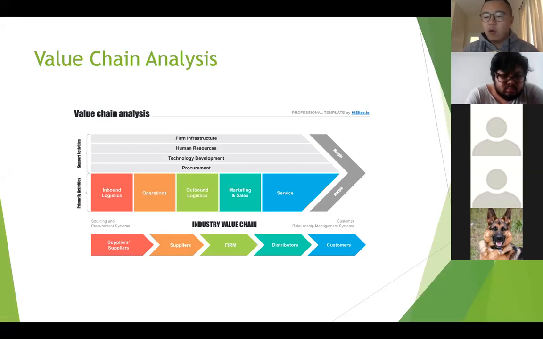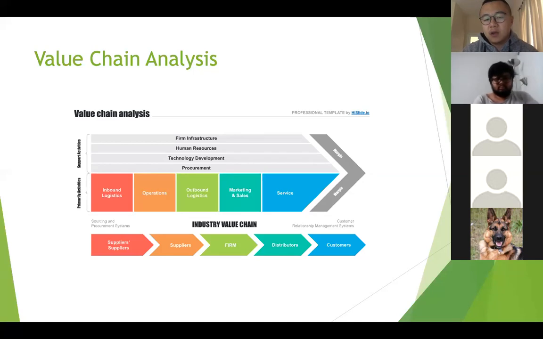This is where you are. You get the stuff from the upstream companies, and then you provide the service and goods to the next level, the downstream companies. That's the meaning of the industry value chain.